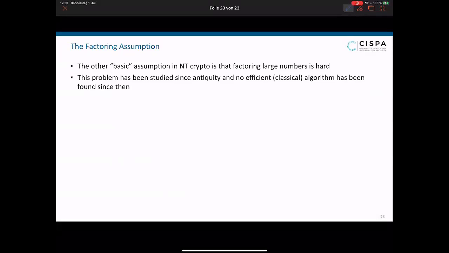And to date, we have no efficient classical algorithm which, given any number, breaks it down into its prime factorization, right? Any factorization algorithm with good worst case runtime. But now we know that worst case problems are not good for crypto, right? We need something with average case hardness.